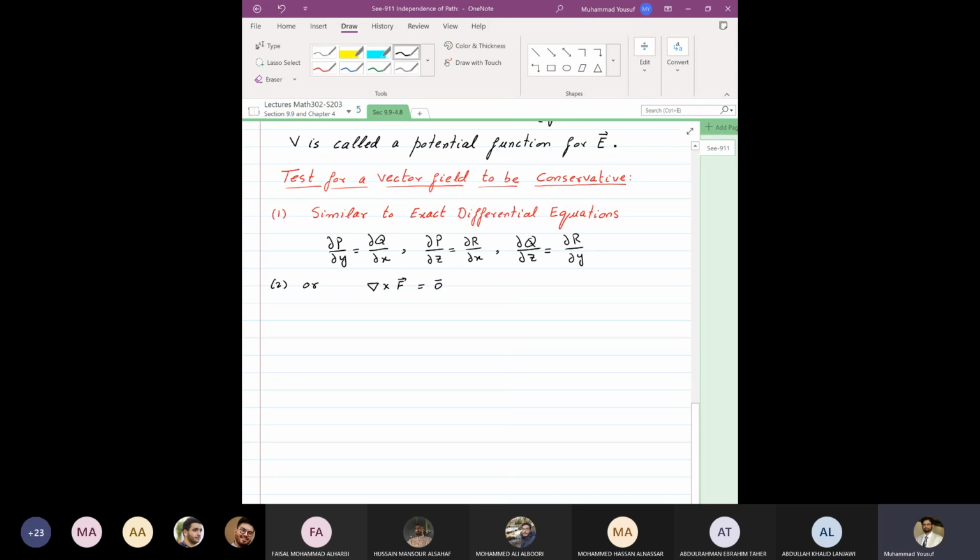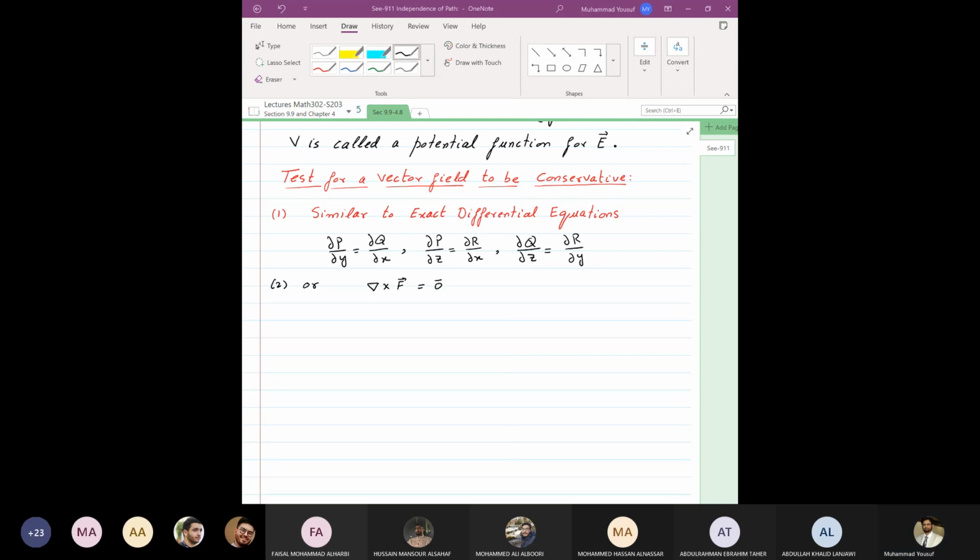Now, when a vector field is conservative, then we say that the integral is independent of path. And this is the next theorem.